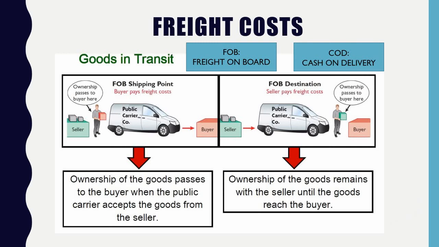Okay, so in this case, when we're looking at FOB shipping point, we're looking from the seller's store all the way up to the midpoint, right? When it gets handed off to another agency or another facility or delivery, whatever it is, that's going to hand those items to the buyer.